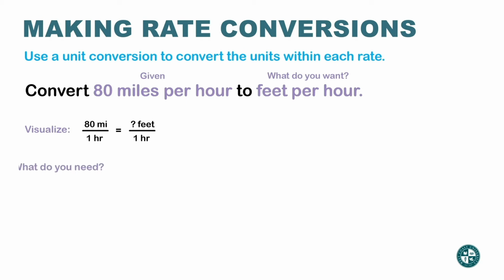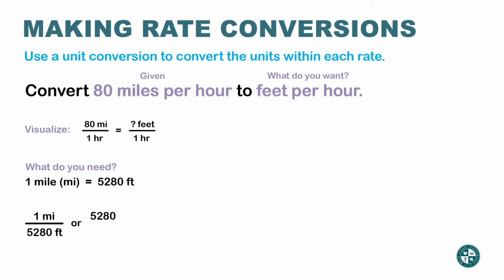Next, what do I need to change miles to feet? Well, I need to look up how many feet are in a mile or vice versa. And I found that 1 mile is 5,280 feet. That's my conversion statement. From that equation, I can get two fractions.